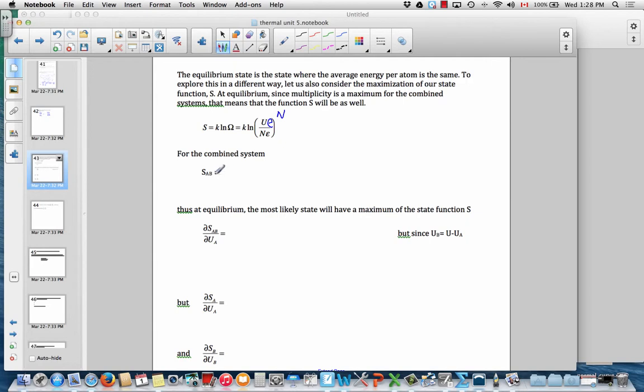So first of all, what can we say about the S function of the combined system? Well, that'll be the log of the combined multiplicity. We've seen that by the counting principle, the combined multiplicity is multiplicative.